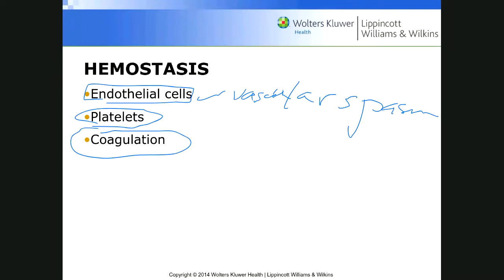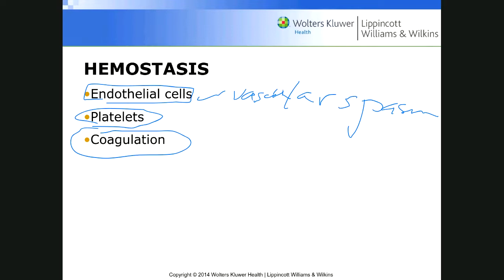Things that normally are not supposed to be in the blood, that are normally on the outside of the blood vessel, if there's a nick in the blood vessel, are now presented inside. One of the factors, thromboplastin, for example, is normally supposed to be on the outside, but if it's on the inside, that suggests you have a damaged endothelial cell, right? And then you have your vascular spasm.